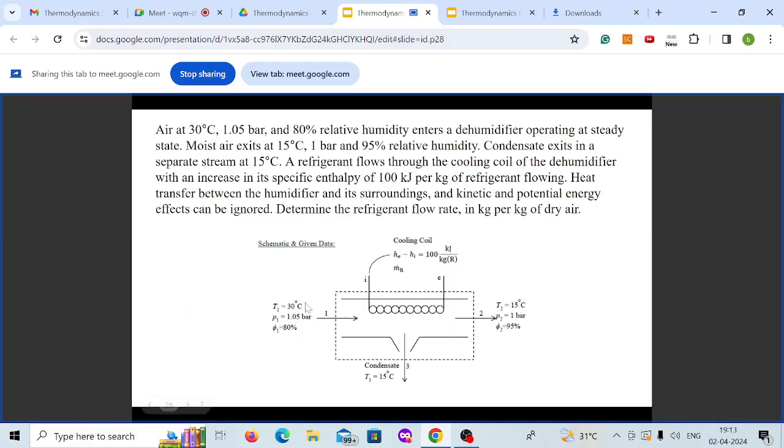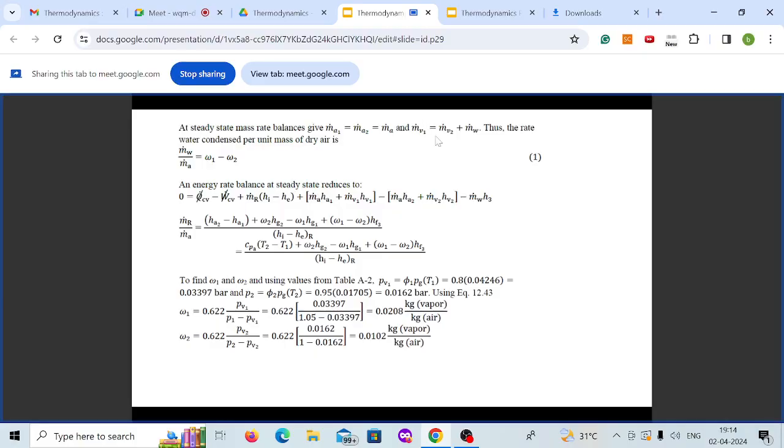At state 1, the mass of water vapor, mv1, equals the mass of water vapor present at state 2 plus the mass of water which has condensed. Dividing this by the mass of dry air, the mass of water which has condensed divided by the mass of dry air equals the change in specific humidity.